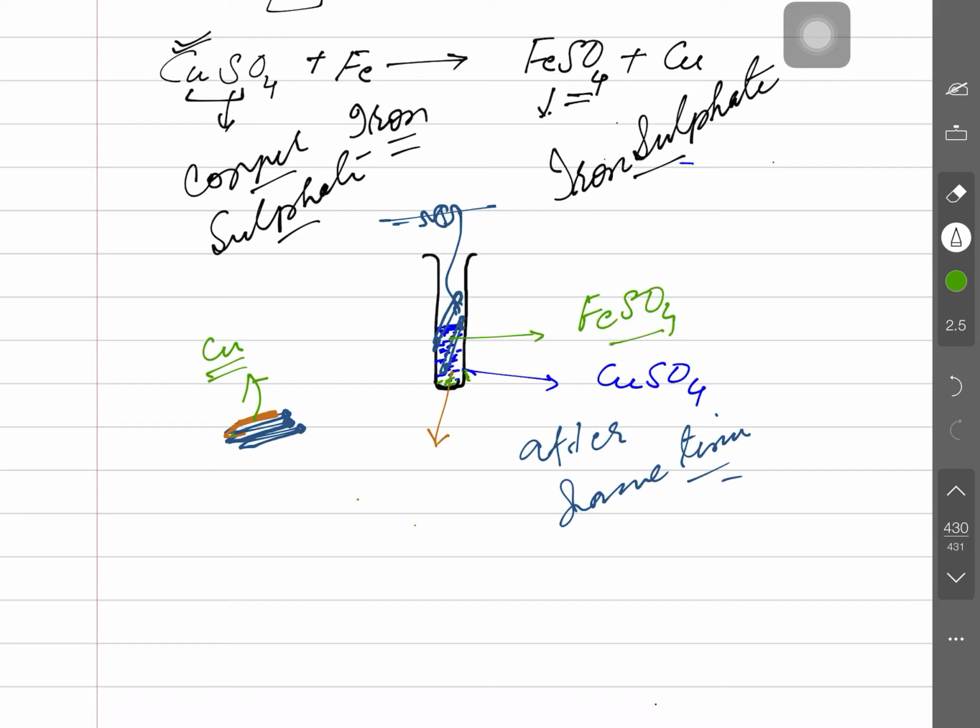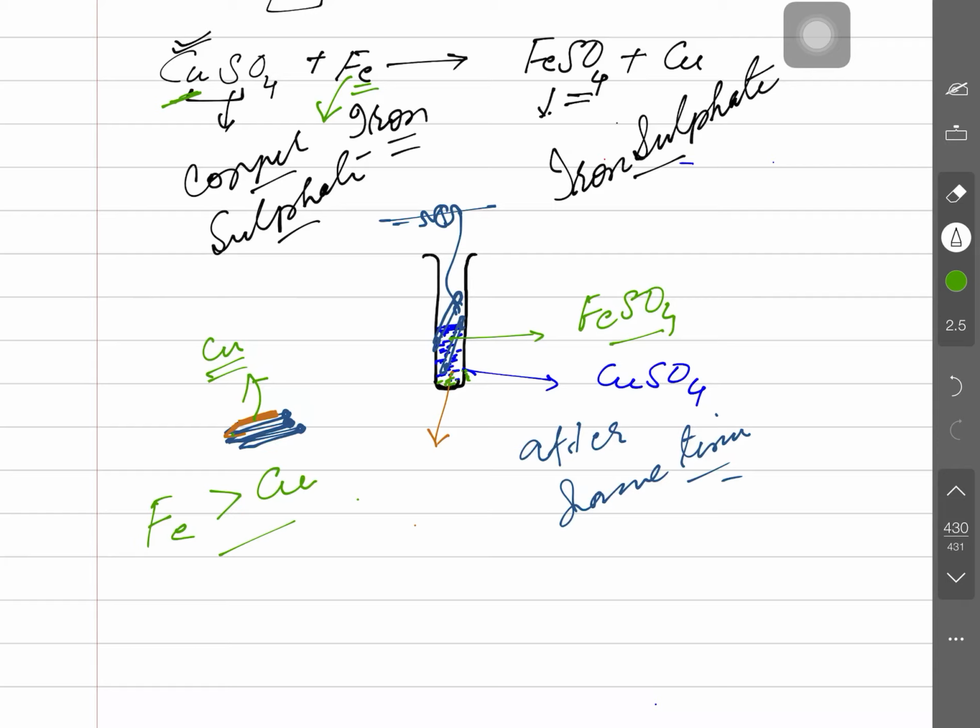So we can say that this iron is removing the copper from its sulfate and turning the solution's color green. So what type of reaction can we say this is? We can say the more reactive substance, iron, has displaced the copper from its copper sulfate. So iron is more reactive than copper, obviously, till it can displace the copper here.